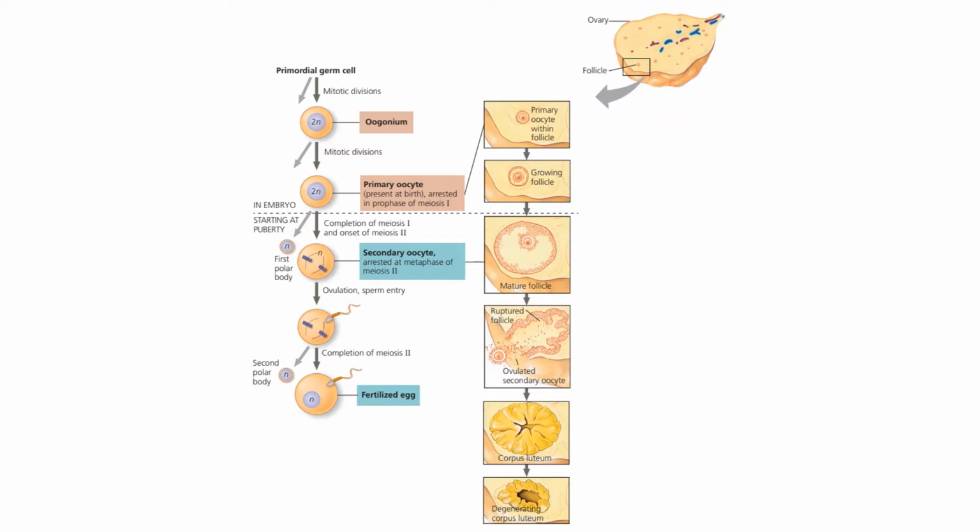The trigger to continue to meiosis 2 is the contact of a sperm cell to that secondary oocyte. Now, when a sperm cell fertilizes or is in contact with that secondary oocyte, the secondary oocyte continues to meiosis 2 and becomes the fertilized egg when the nucleus of the sperm, which has attached to it, unites with its nucleus.